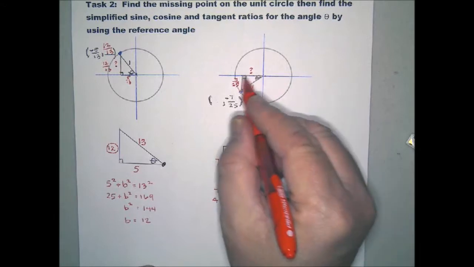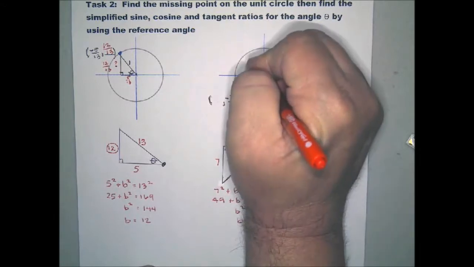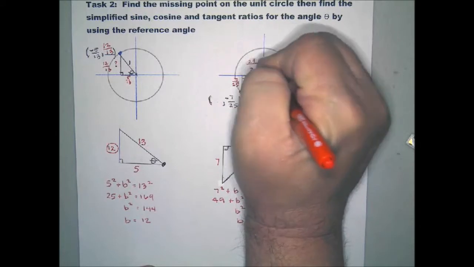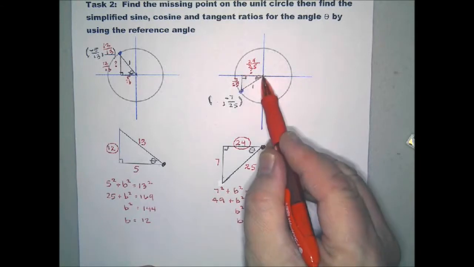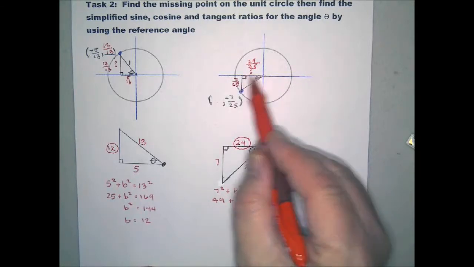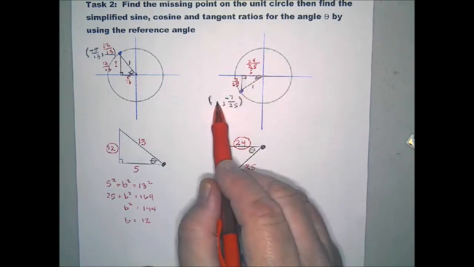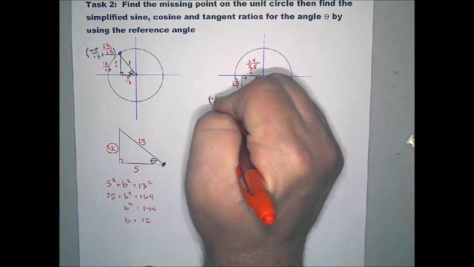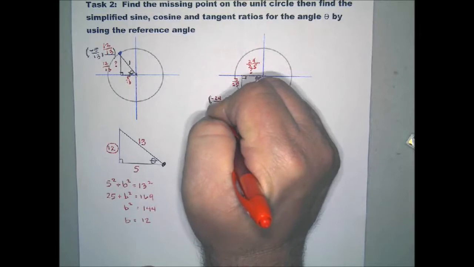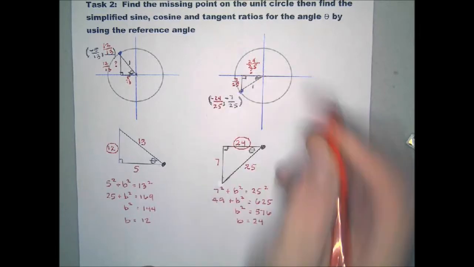So this distance right here would be 24 over 25. But since I'm going to the left, the x-coordinate is actually negative 24 over 25.